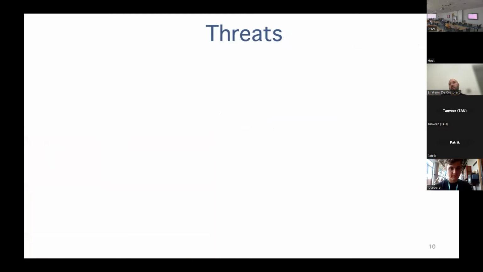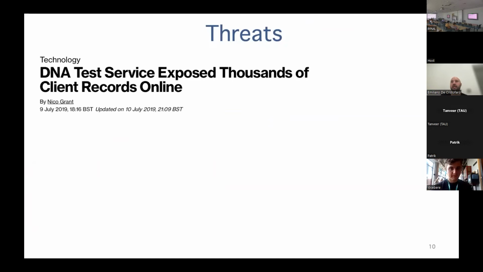Okay, but now let's put our privacy hats back on and think about the possible threats deriving from exposure or leakage of genetic data, right? This is happening, of course, whenever you have data: the data is at risk, it can be stolen, it can be lost.